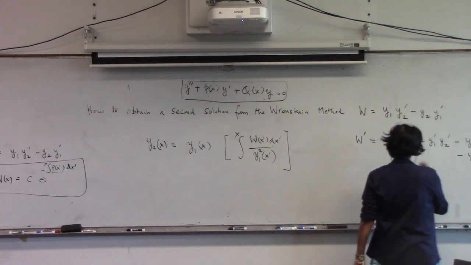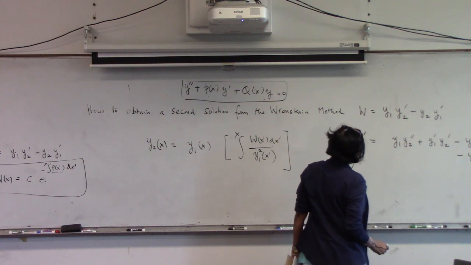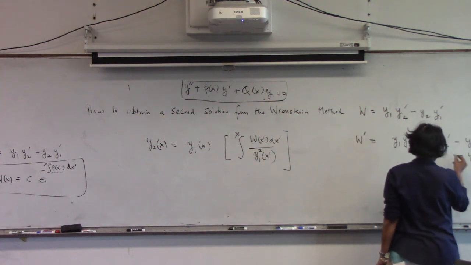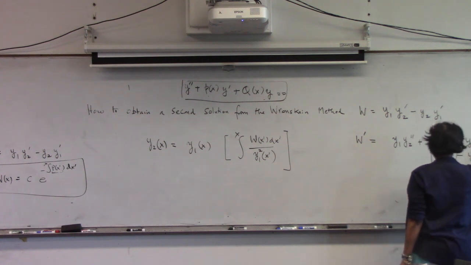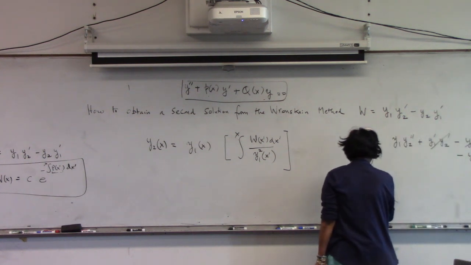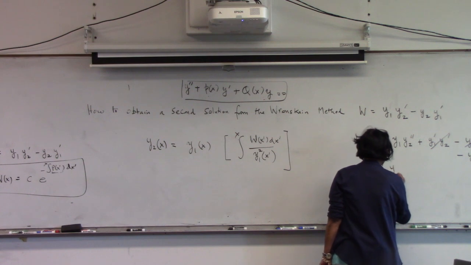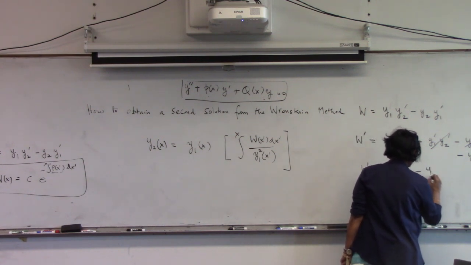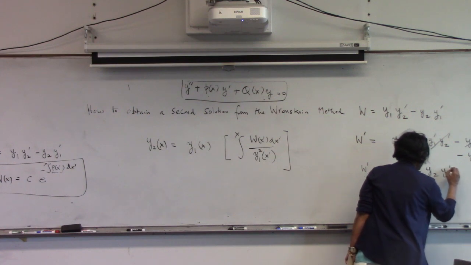All I've done is just taken the derivative. I can cancel the y1 prime y2 prime terms. So the first derivative of the Wronskian is nothing but y1 y2 double prime minus y2 y1 double prime.